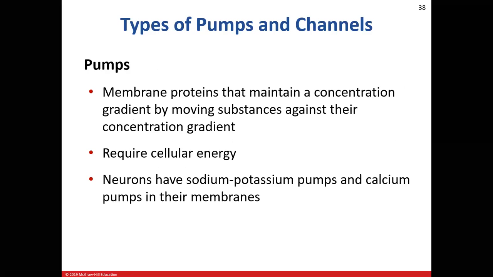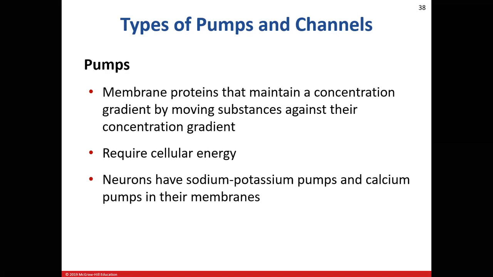As we continue to look at neurons, we now look at how some neurons utilize pumps and channels within their tissue. These pumps, or membrane proteins, help to maintain a concentration gradient by moving substances against that gradient. Remember, these utilize energy if they are moving against their gradient.